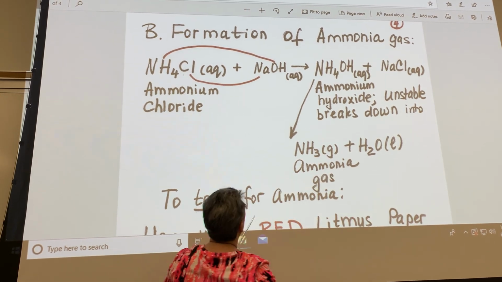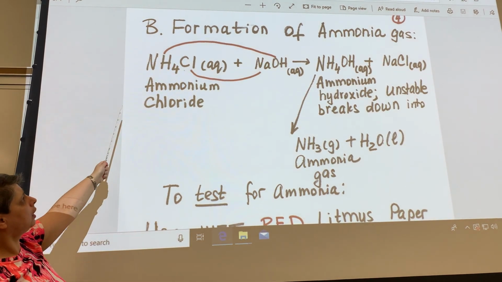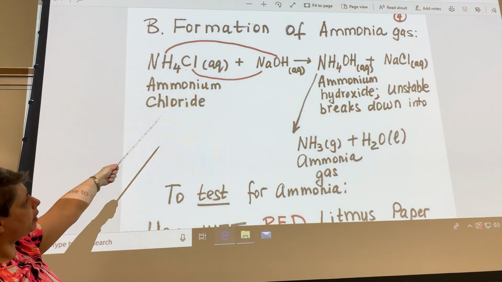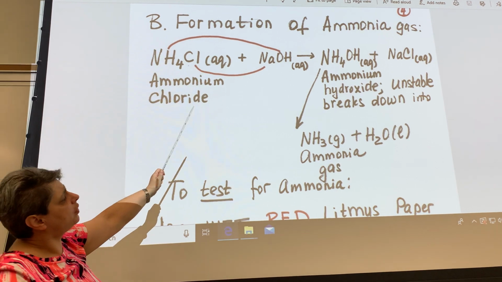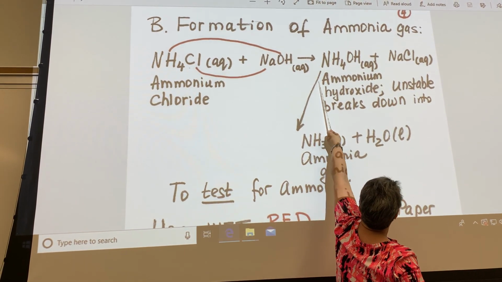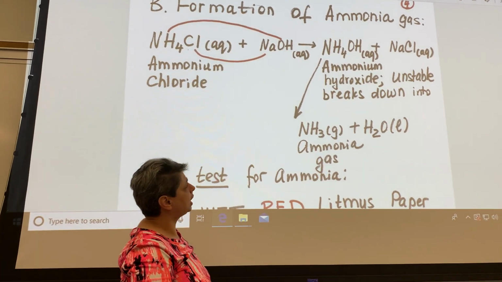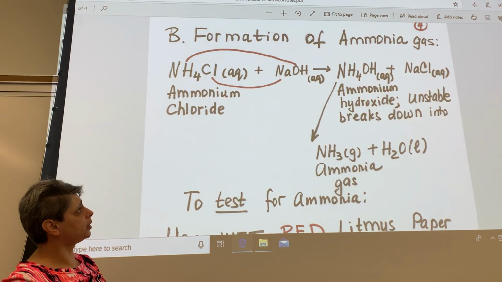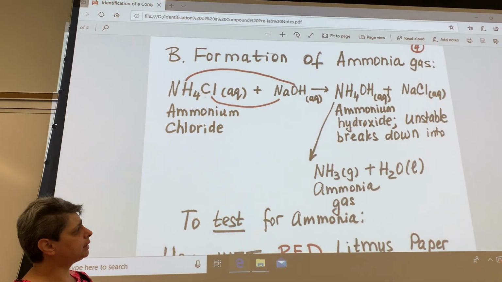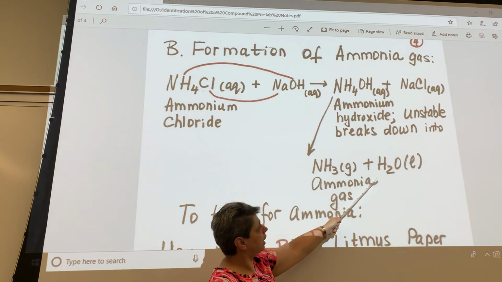Here, no balancing is required because all ions have a charge of either +1 or -1. However, one thing to keep in mind is an interesting feature of ammonium hydroxide. Ammonium hydroxide is what forms when ammonia and water combine, but it's unstable and quickly breaks back down into ammonia gas and water.